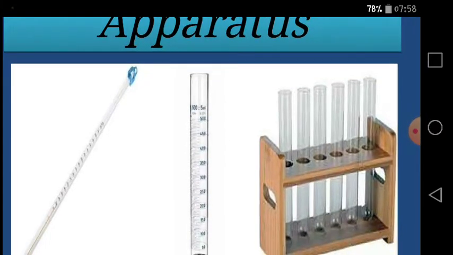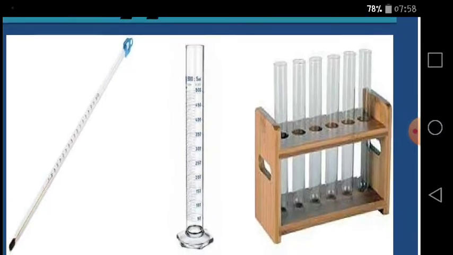This is the diagram of the apparatus. You can see the test tubes, the test tube rack, the measuring cylinder and a thermometer.